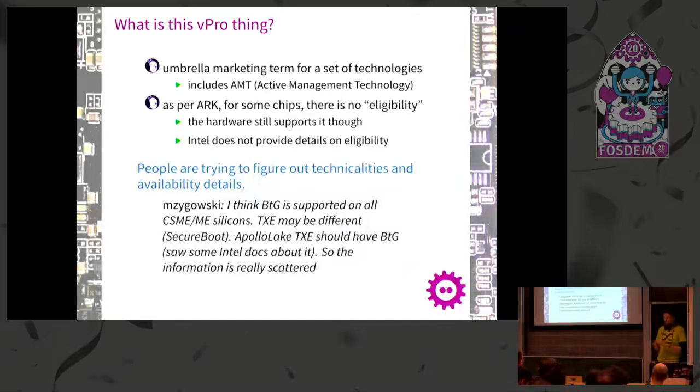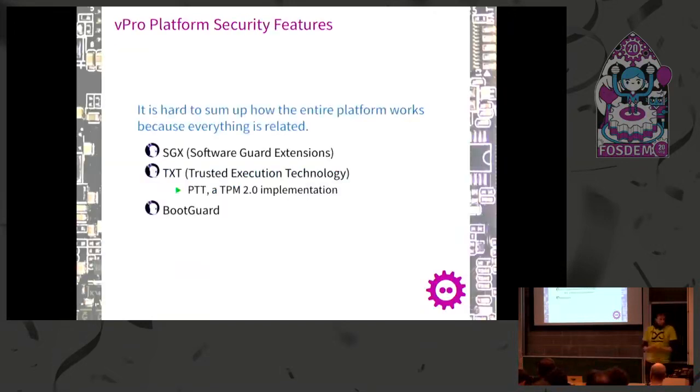We had some discussions very recently, actually, and we discovered that this Boot Guard feature that you might have heard about is actually still usable in some of those chips, which are not officially eligible. Boot Guard is one of those security features I just mentioned.